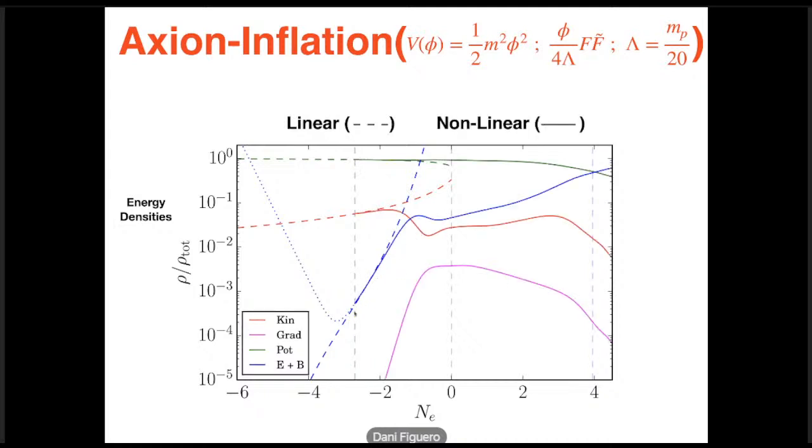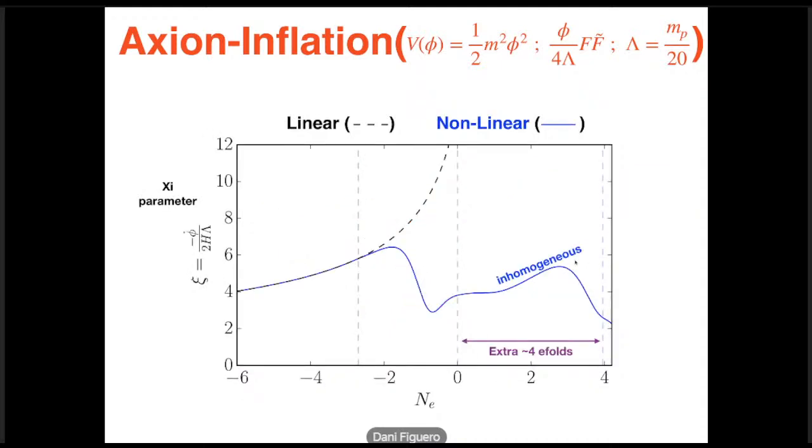Once you pump sufficient energy into the electromagnetic system, you dump the kinetic energy of the inflaton, and instead of inflation finishing by the breaking of the slow roll of the inflaton, in reality you dump the kinetic energy, you are dominated by the gauge fields over the kinetic energy, and eventually the gauge fields reach the potential energy and you end inflation, which is what determines this last extra folding, with gauge field domination.